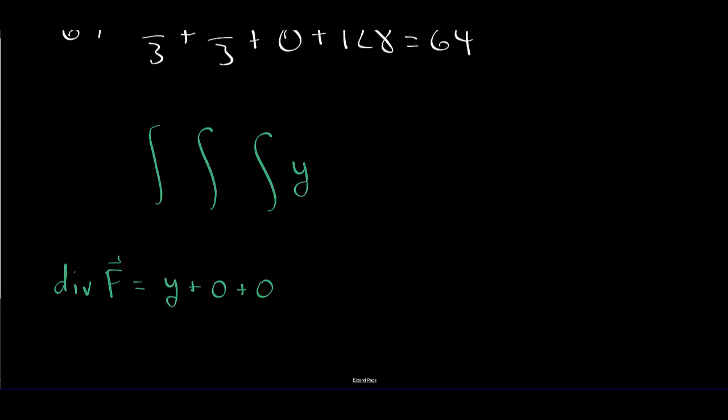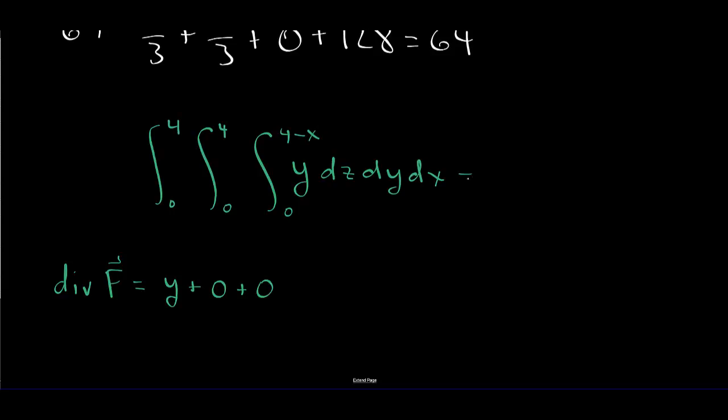Now I'm going to integrate, first of all, with respect to z, from 0 to 4 minus x. And then with respect to y from 0 to 4. And then with x from 0 to 4. Now to save time, I'll just let you integrate this.